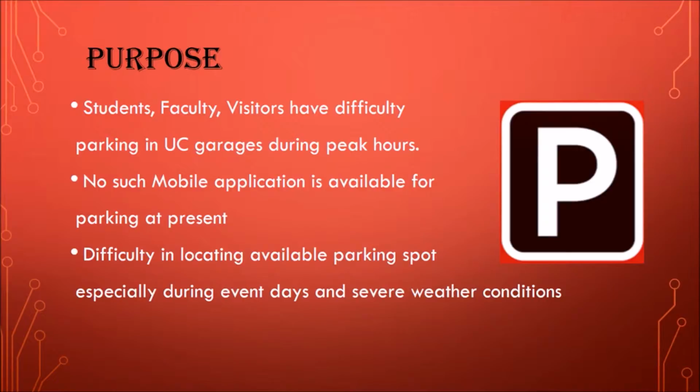Park Here is a mobile application which has a list of UC garages with a short description of address. When a user selects a specific garage, he can access the information on number of available parking spots. Then the app helps him in locating the free spot, and the user can park his car in no time.